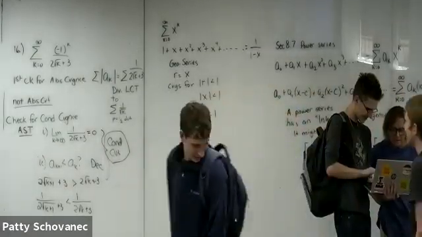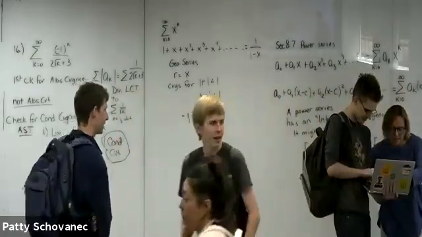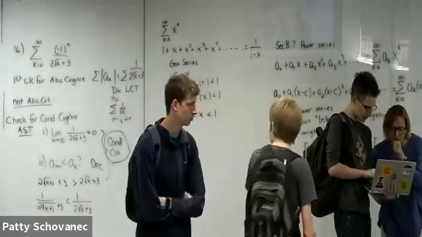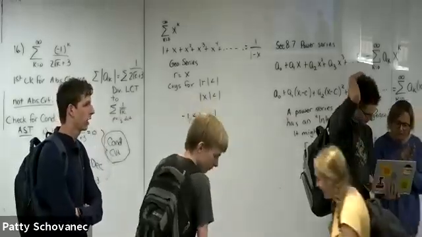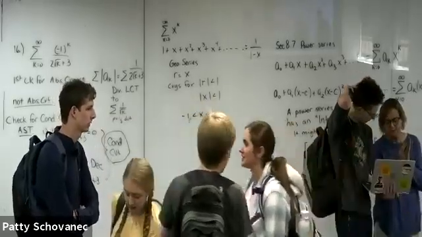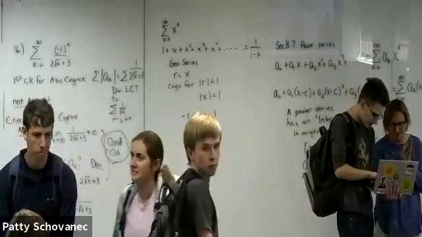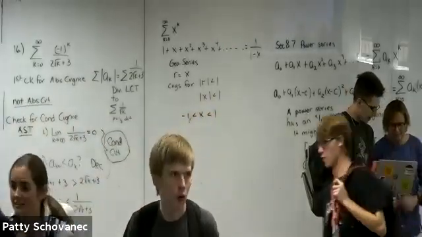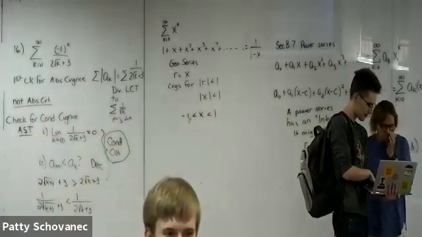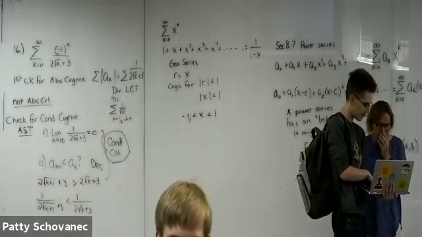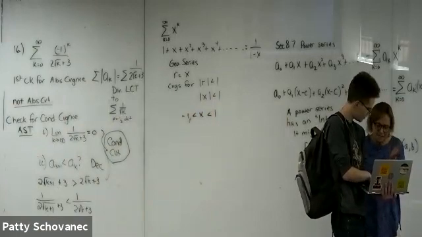No, best of three. So this one is going to be absolutely convergent. Is it though? Because in absolute value, it's not always decreasing. It decreases far enough down the line. No, it has to decrease in the long run.